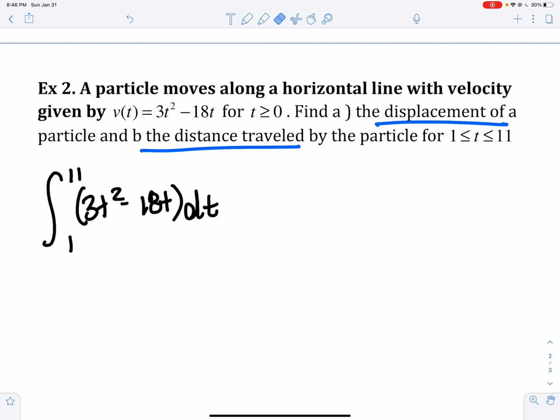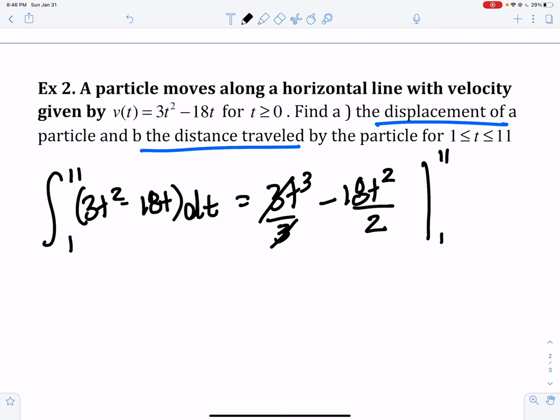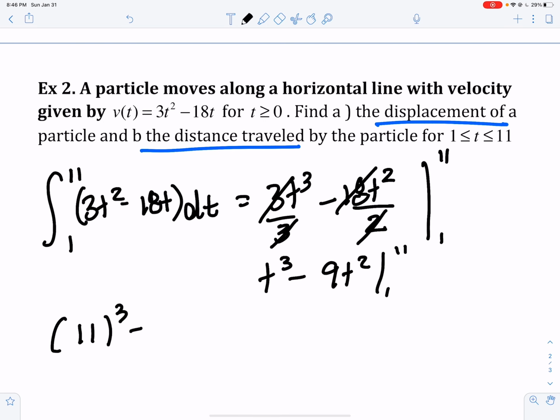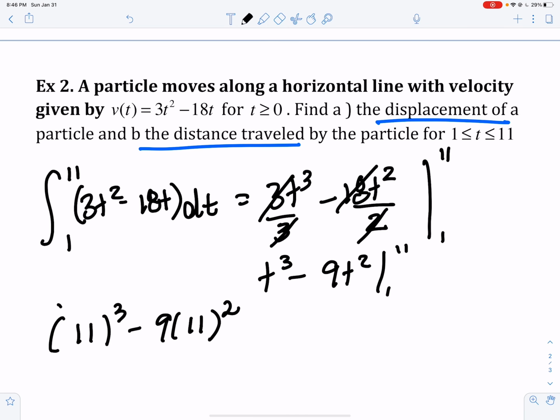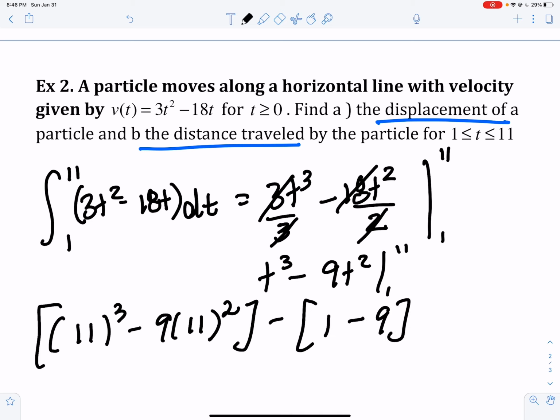And you get 3t cubed over 3 minus 18t over 2, and we're going from 1 to 11. So this is just t cubed minus 9t squared, and plug in. So 11 cubed minus 9 times 11 squared minus 1 minus 9. You can leave it like this.